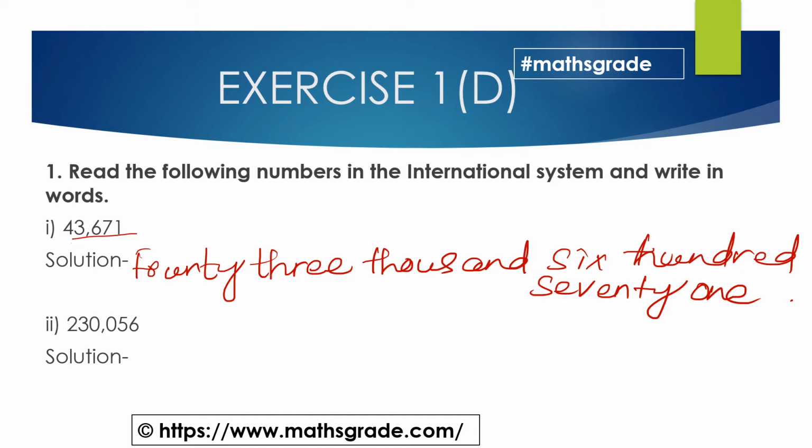In the international number system, we have to put a comma within 3 digits. Here 230,056 is written in the international system. Comma is placed within 3 digits, but in the Indian system we place the comma after the hundreds place, and then put the comma with 2 digits only. But in the international system we put the comma within 3 digits of numbers.